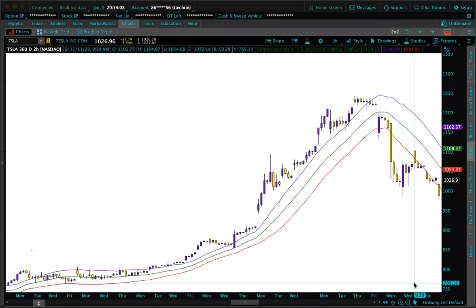If the middle Kelt holds, your next target is the upper Kelt. Anything outside the upper Kelt starts to become a potential short. Anything way outside of the upper Kelt, your first target to short would be the upper Kelt. Same thing goes when close is under the upper Kelt, it comes into the middle Kelt. So I'm going to show you that right here.